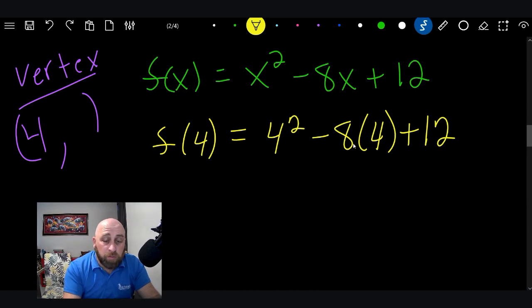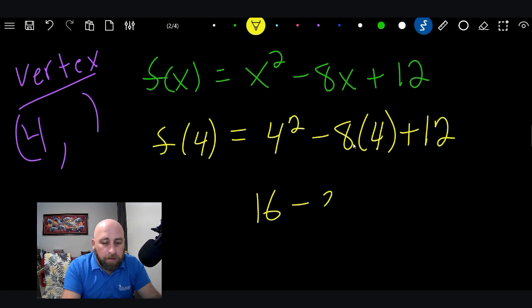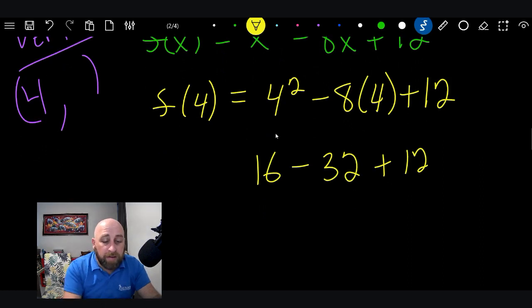We just work our formula, okay? 4 squared. What is 4 squared? 16 minus 4 times 8, or 8 times 4, 32 plus 12. All right, so the way that we would do this is we would have 16 minus 32, and so that's going to give us a negative 16 plus 12.